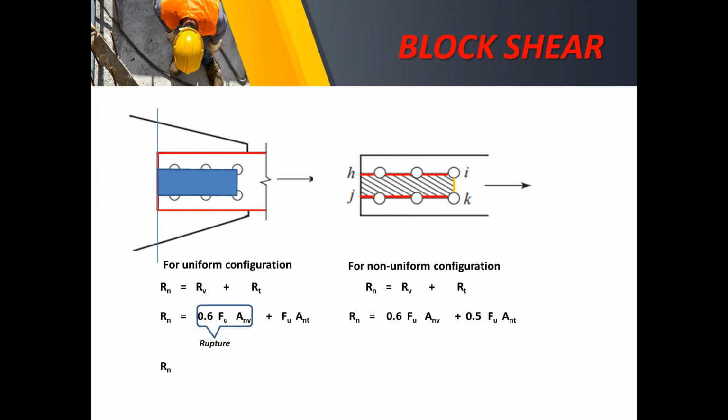So there will be an upper limit in the calculation of the nominal strength, and that is expressing your first term by the yielding.